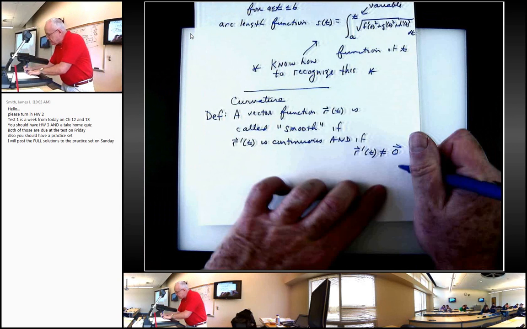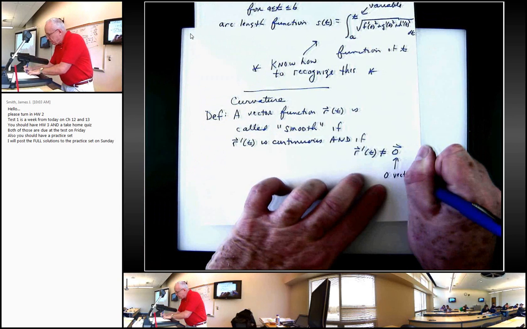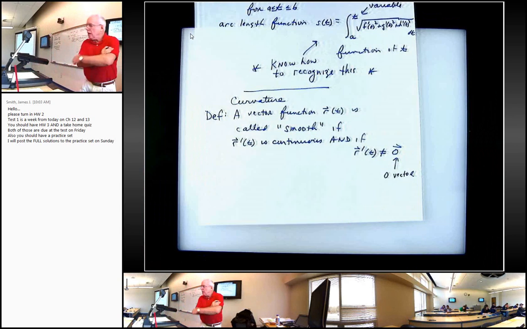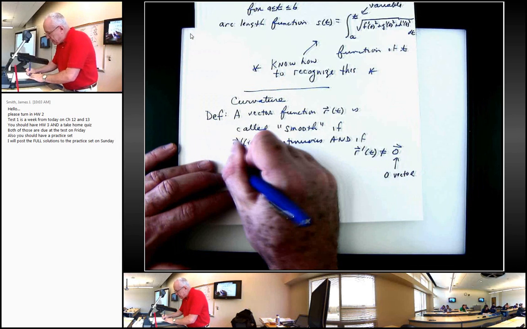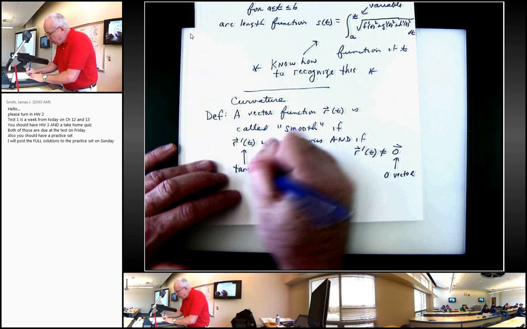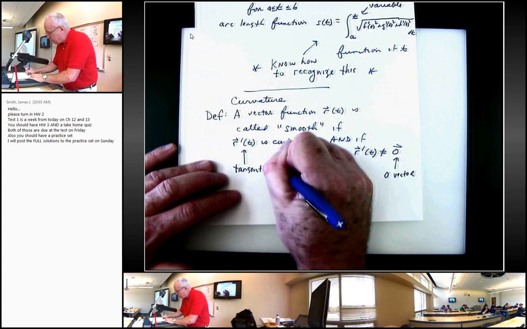This is the zero vector. And remember, r prime of t is the tangent vector.